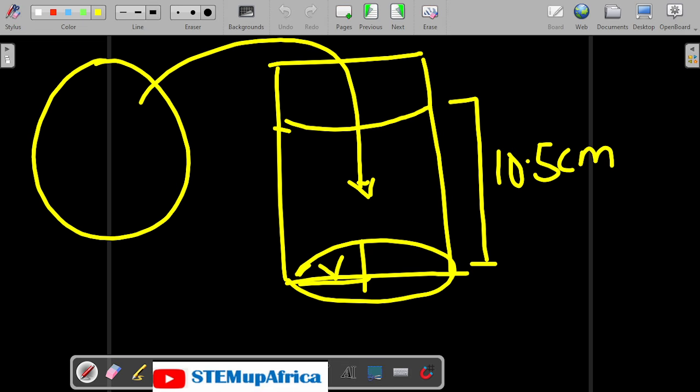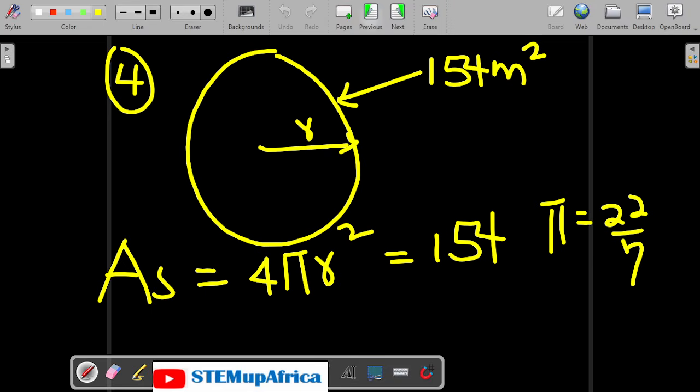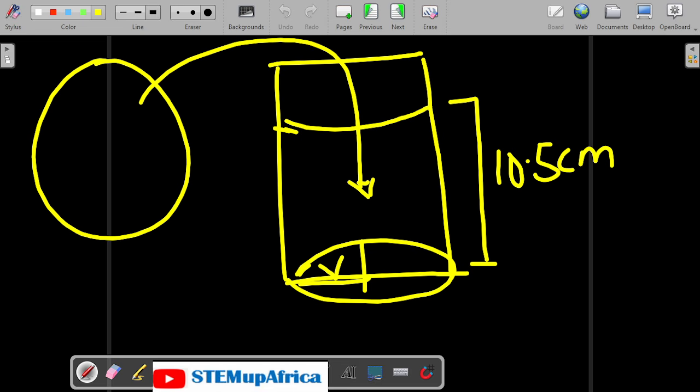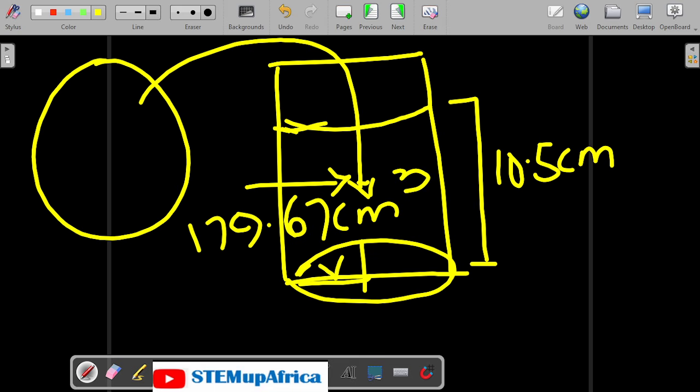The volume of the sphere will occupy a certain volume in the cylinder. With that, we can now calculate the base radius of the cylinder. So what volume does it occupy? It occupies 179.67 cm cubed.